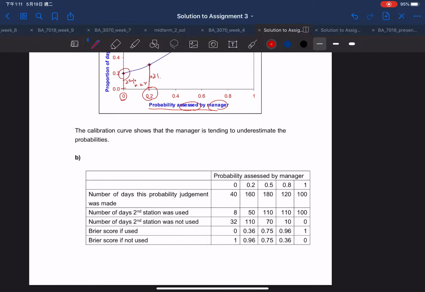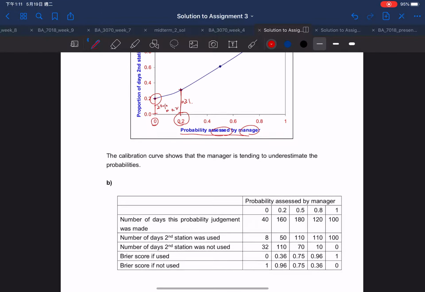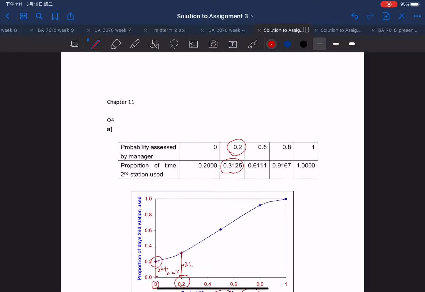But how do we calculate the number? Because it offers the numbers of days the manager predicted how many percent it will rain. Since you have the textbook, in the textbook it reads like, out of the prediction here is 0, 40 days it was the first station, and 8 days was the second, right?